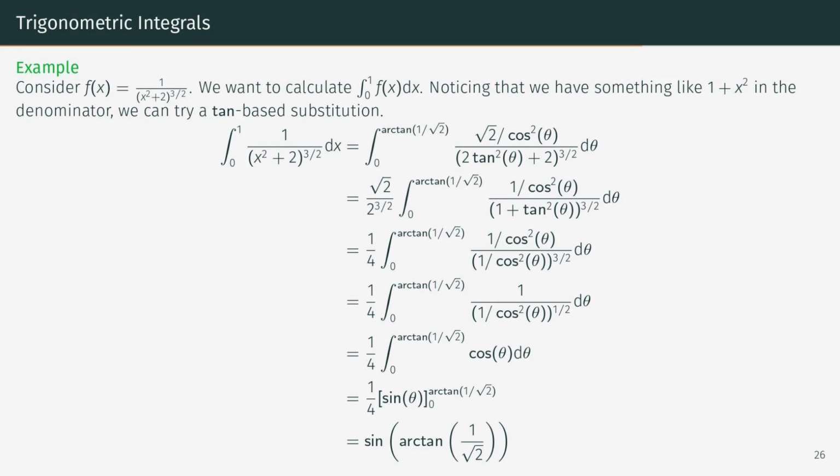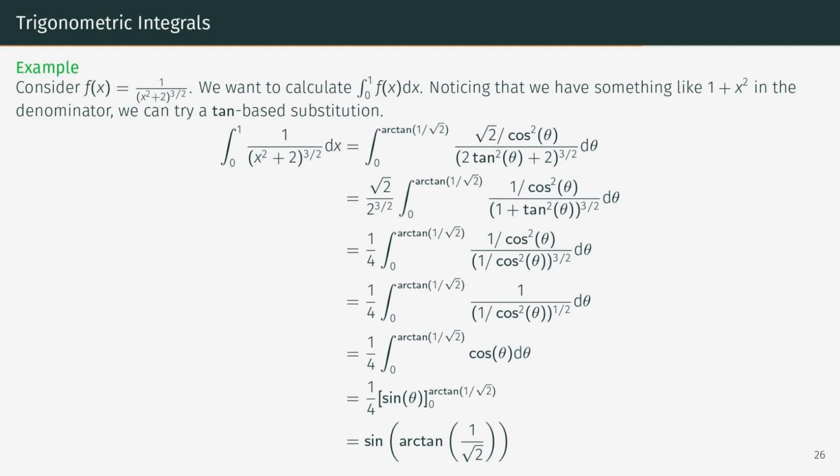We can then simplify the stuff inside the integral, which leads to 1 over 4 times the integral of 1 over the cosine squared of theta, all to the 1/2 power, d theta. And simplifying again, we get 1 over 4 times the integral of the cosine of theta d theta, from 0 to the arctangent of 1 over the square root of 2.